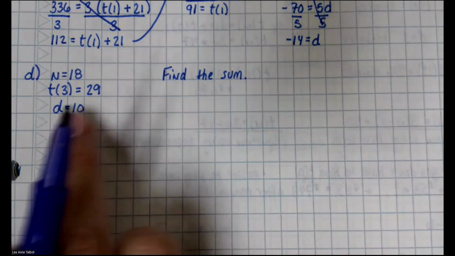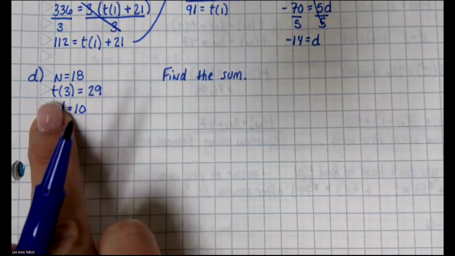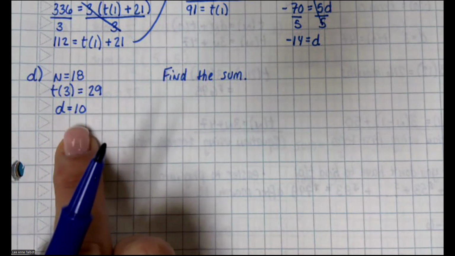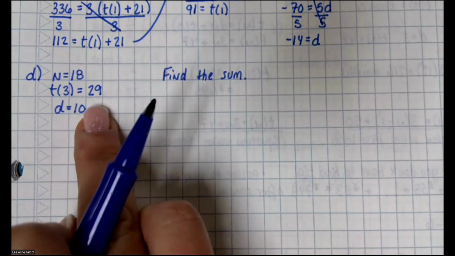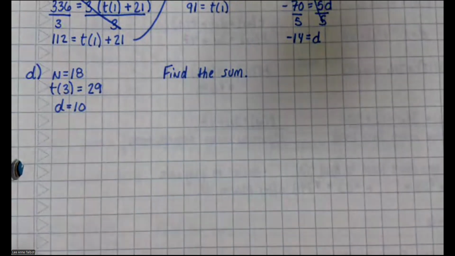Okay. This says find the sum. There's 18 numbers. The third number is 29, and the common difference is 10. So 18 numbers. The third number is 29. The common difference is 10.